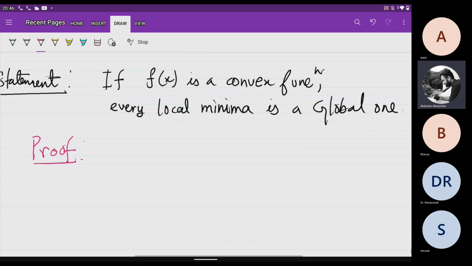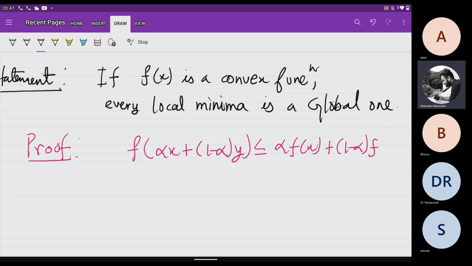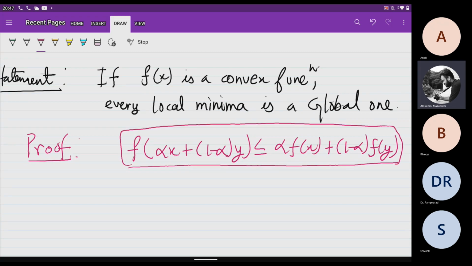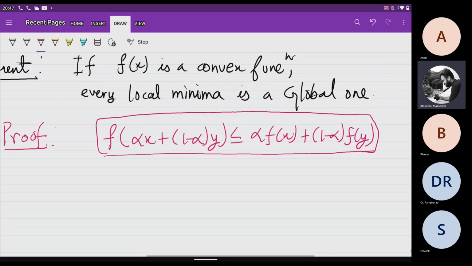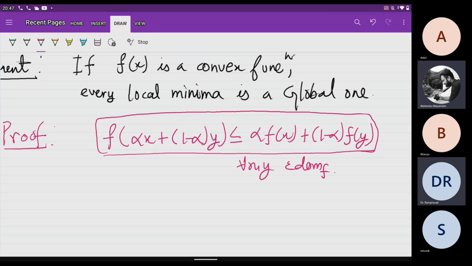We will use this property. You remember, this is the property that we first learned about convex functions, right? During the starting. So everyone remembers this property, right? Yes. So we will be using this property.